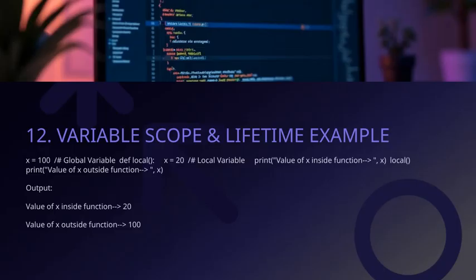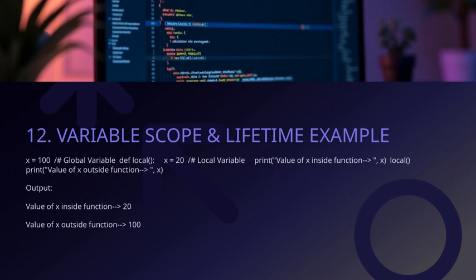All right, let's look at this example to understand variable scope and lifetime a bit better. We start by defining a global variable x and assigning it the value 100. This means it is accessible throughout the entire program unless we declare otherwise. Then, inside the function local, we create a new variable also named x, but this one is local to the function and is set to 20. When we print inside the function, it shows the value 20 because that's the local x we're referring to.